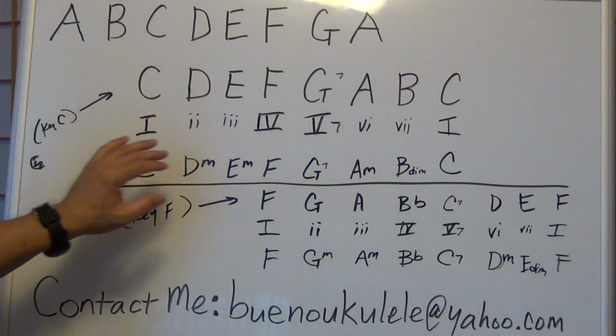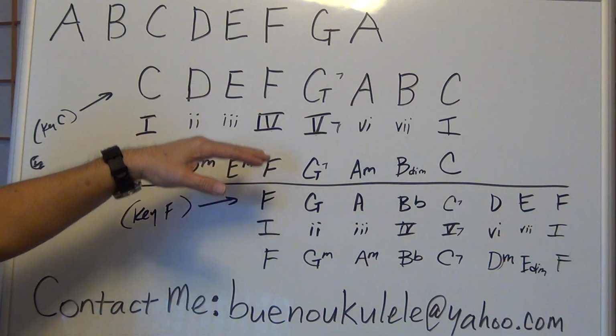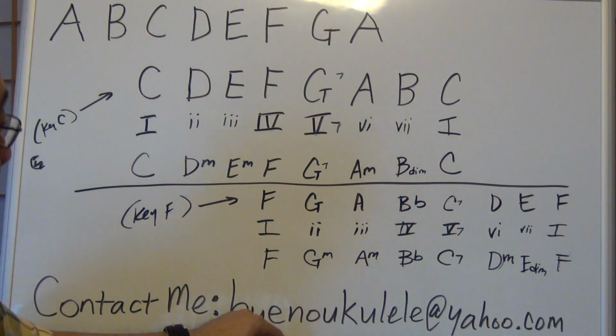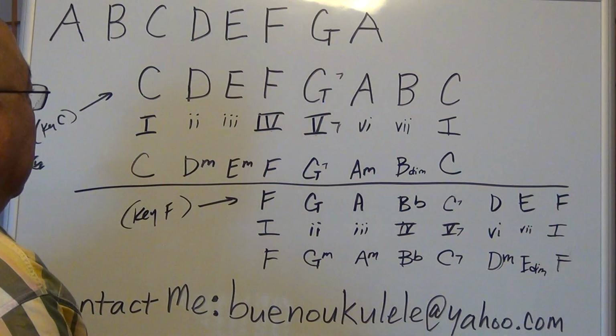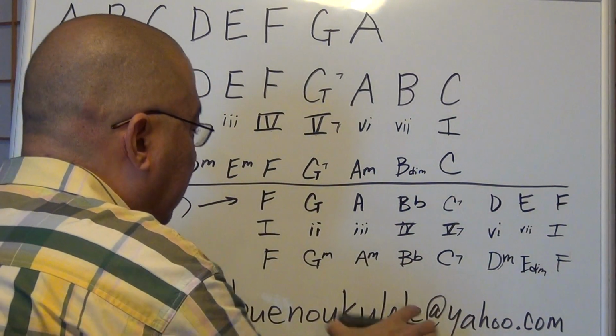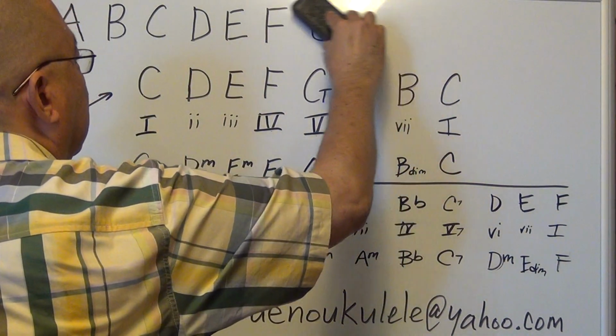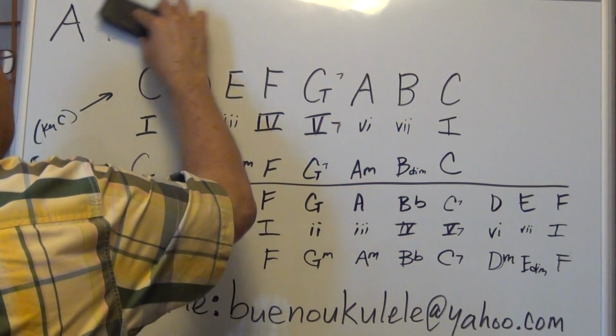Keep in mind, these are two different things. This was the key of C. Okay, so I'm going to just erase this so we don't get that confused for now.